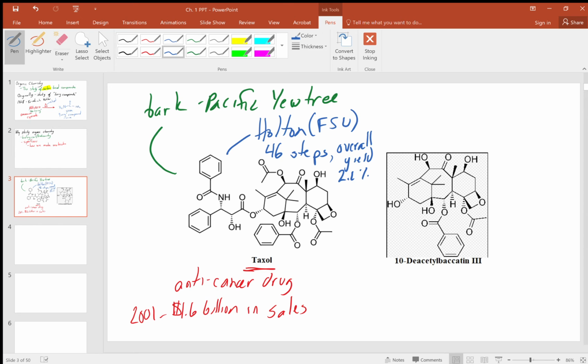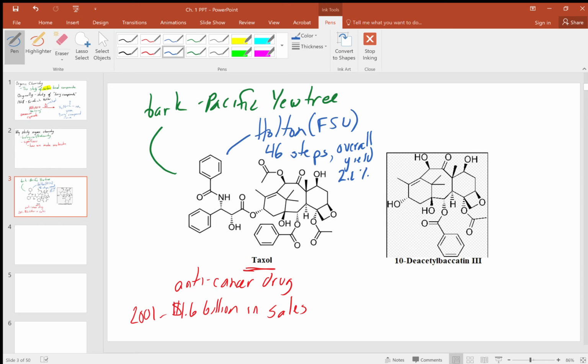Why do I say that? Well, let's say that you manage to get 90% yield for 46 steps in a row. And I can tell you from having done synthesis for enough years that it's pretty rare to get a synthesis that works that well.